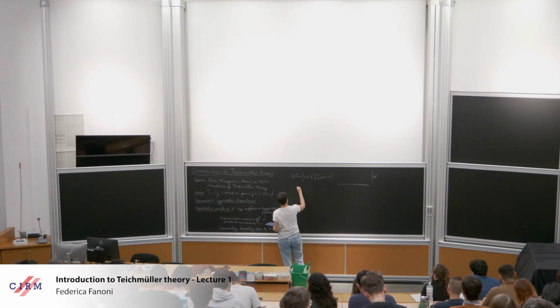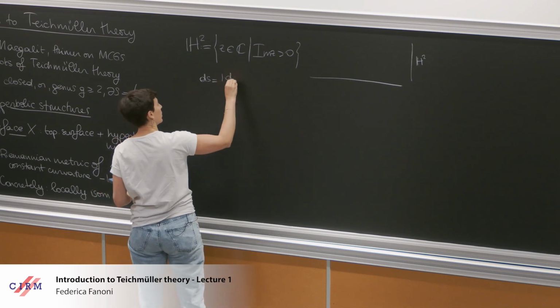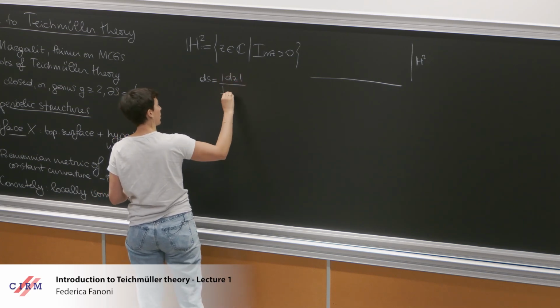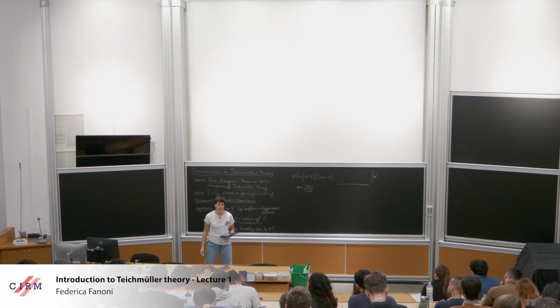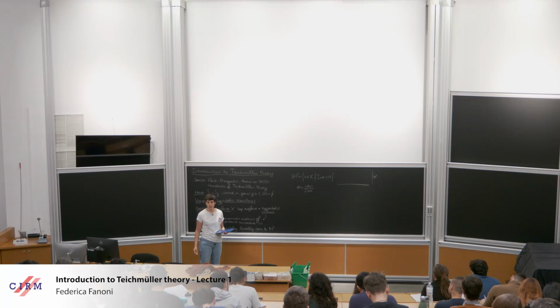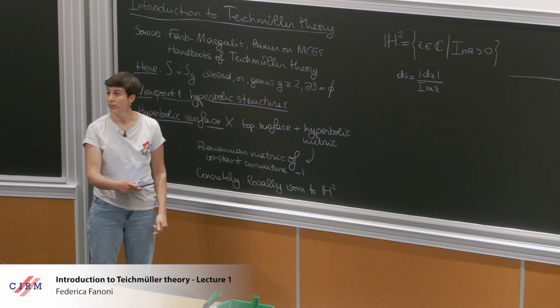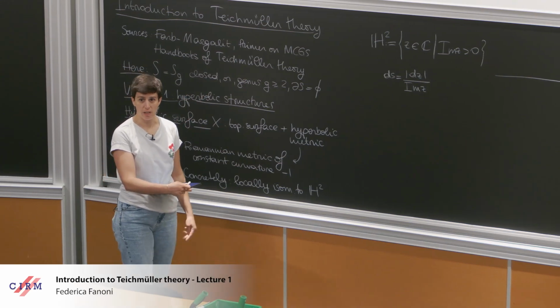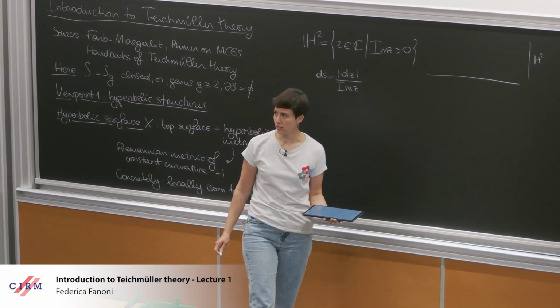One way is that the distance is obtained by integrating a modified version of the Euclidean distance. I divide by the imaginary part of z, which means that as I go close to the real axis, this distance explodes. So this is actually a complete space, meaning a line that goes to the real axis actually has infinite length.